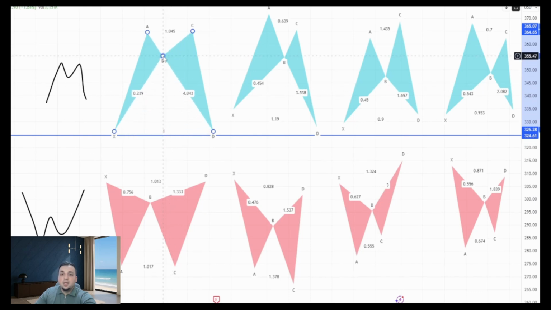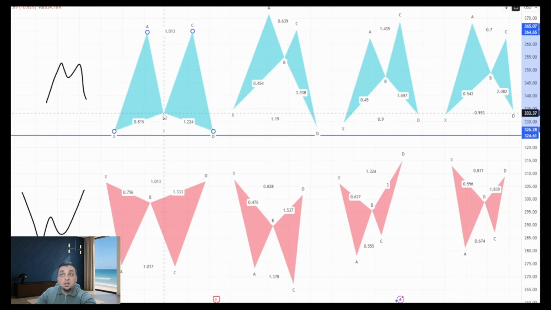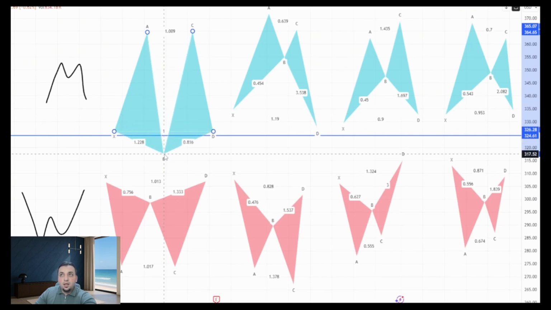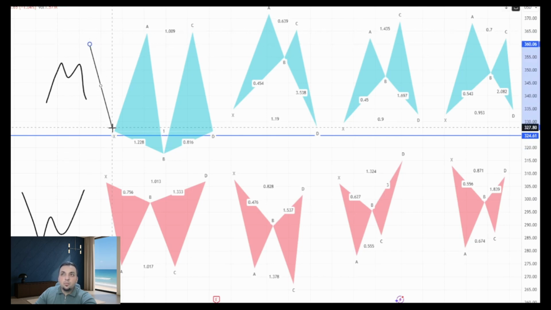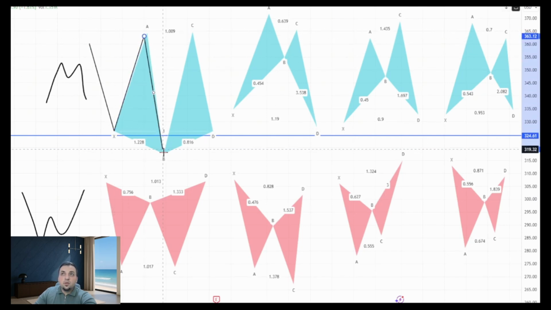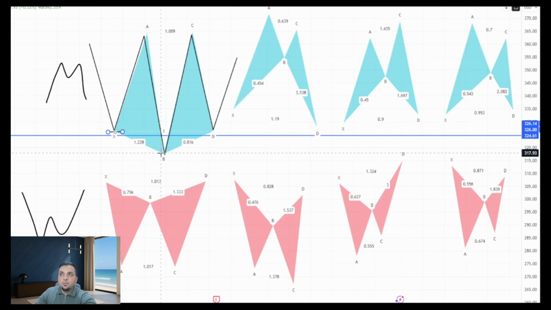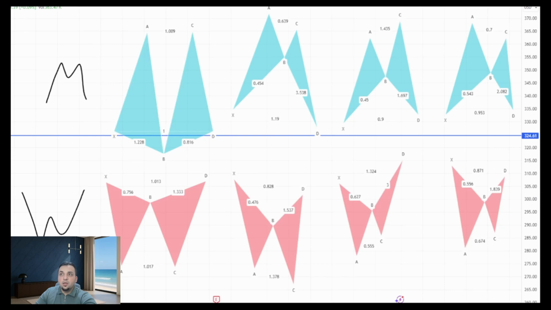It can be near A or near X, but it cannot be lower. When it's lower, as you can see, it turns into a reversal head and shoulder pattern. So this is one of the things that we need to look for when we spot a harmonic pattern.